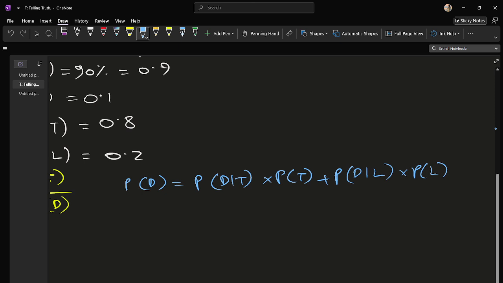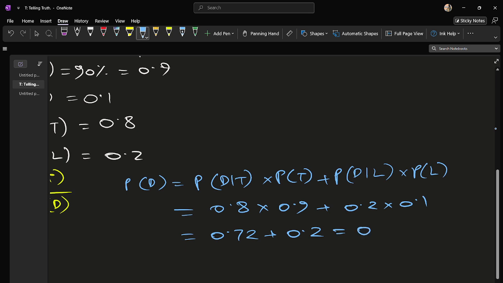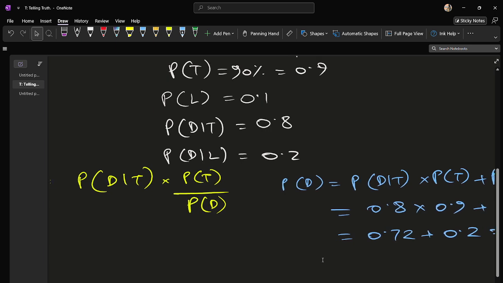So that is 0.8 into 0.9 plus 0.2 into 0.1, which equals 0.72 plus 0.02. So that is 0.74. So my P(D) is 0.74.